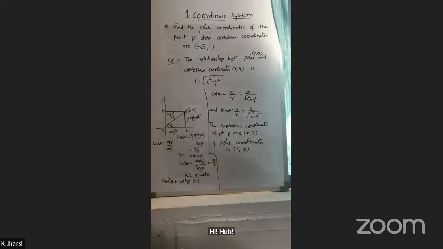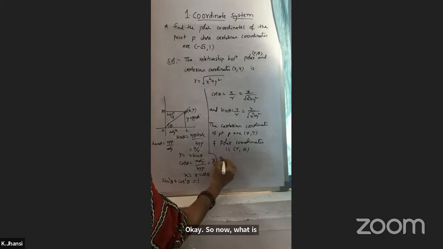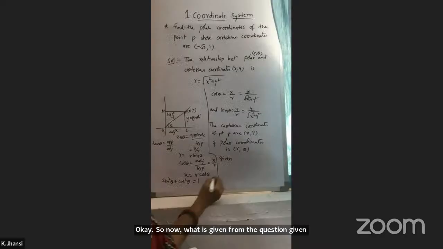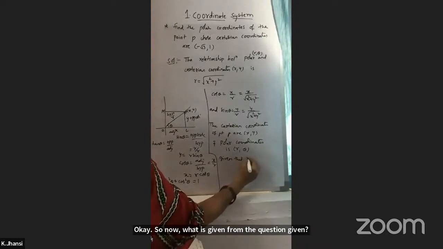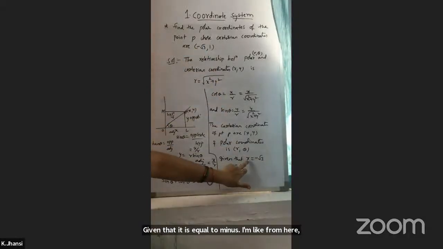Now what is given in the question? x comma y is given. Given that x equals minus root 3 and y equals 1. From the Cartesian coordinates, we got the x value as minus root 3 and y as 1.